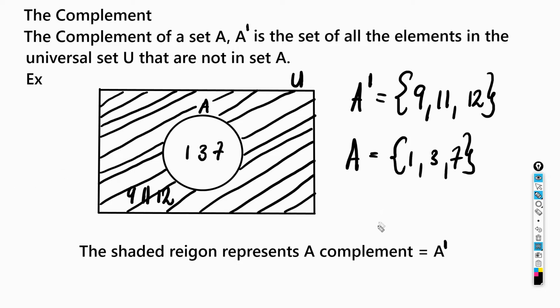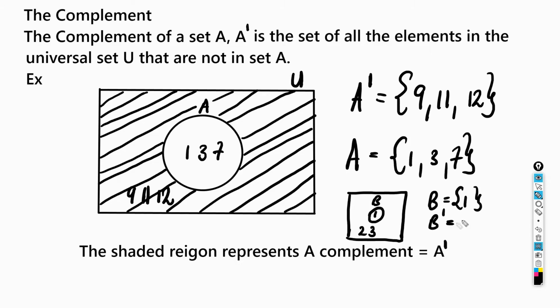All right, let's just draw a little example here as well. Let's say we have a small Venn diagram here, and inside here we have B, and 1 is inside B, and 2 and 3 are outside B, right? B would be equal to 1, and B complement would be equal to 2 and 3. Cool? So it's the same thing.